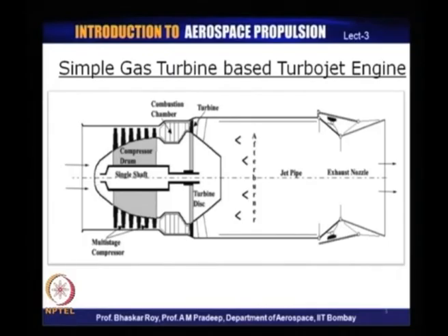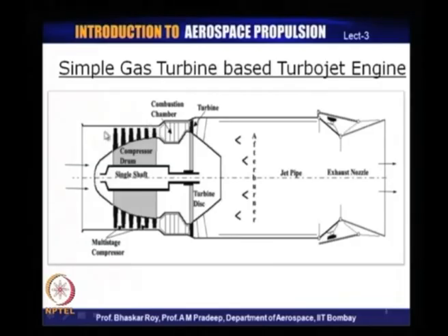We have, as usual, the air coming in from this end, that is often referred to as the intake, and this component here is a common element in all kinds of jet engines, that you have to have some kind of an intake. At some point later on, maybe we will discuss the importance of this intake, and then the flow goes through a process of compression through a compressor.